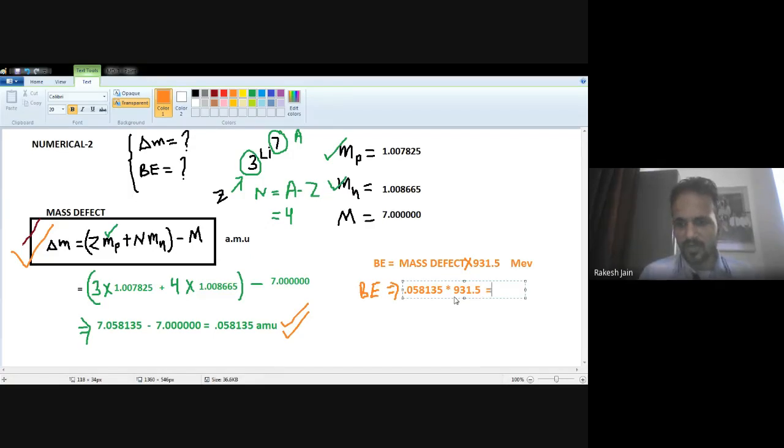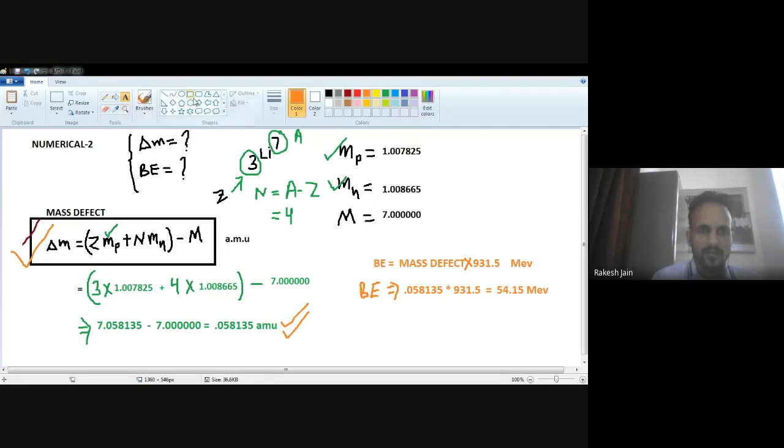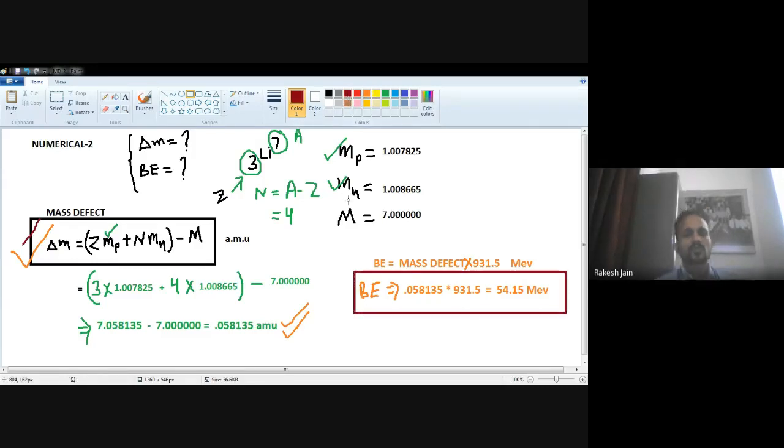When I multiply these two terms, the result is 54.1527525, so about 54.15 MeV. This will be the answer to the question of how to calculate the binding energy. So for these two questions, we solved the binding energy.